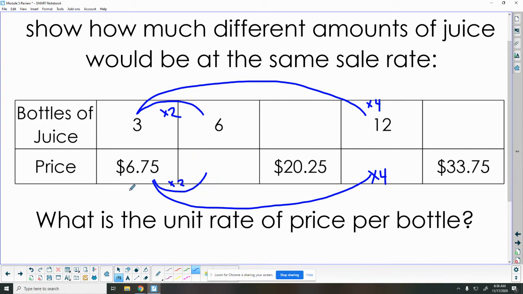So we've got 675 times 2. And so there's 10, 14, 15, 12, 13, and 2 decimal places. So here we've got 1350. And then we've got 675 times 4.